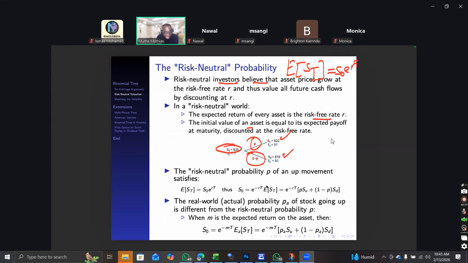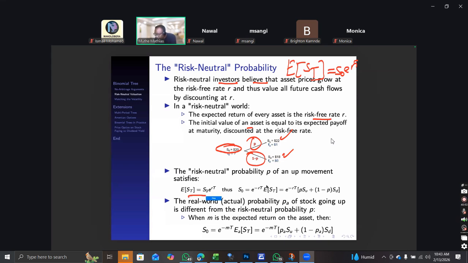So we are taking S naught and multiplying it with the accumulation factor. Because we are assuming continuous compounding, it's simply S naught multiplied by the accumulation factor, e to the power rT, right? So we are taking that S naught to the future. So this one here is true.